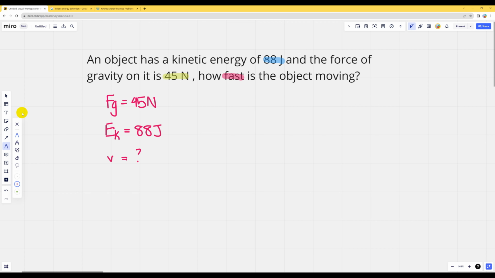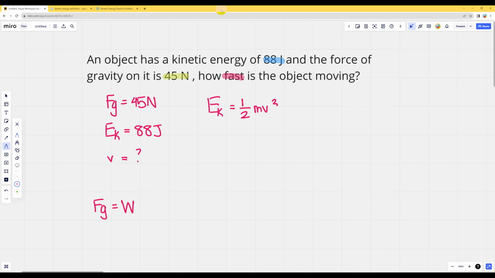Now let's write down our formula once again. So that's Ek is equal to 1/2 mv squared. However, this time, instead of plugging in our values right away, you'll have to notice that Fg, the 45 newtons, is not the mass. That is the weight, or the force of gravity.